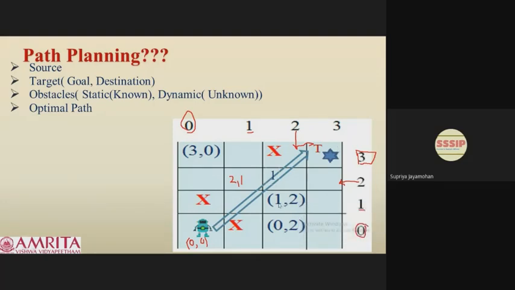Since this is the first row and second column, we would be representing this as 1, 2. This is going to be 1, 2, representing the first row here and the second column.